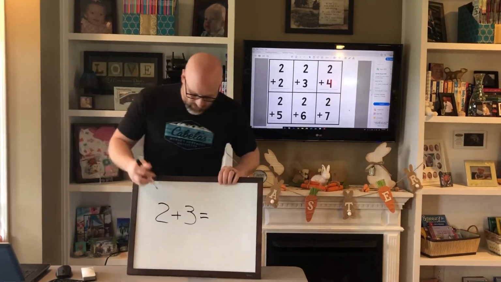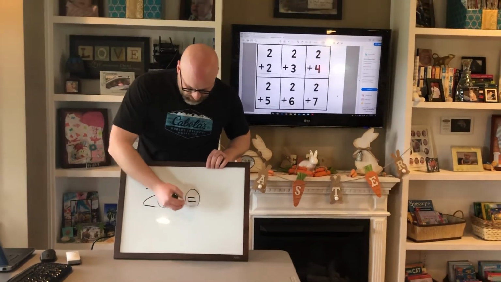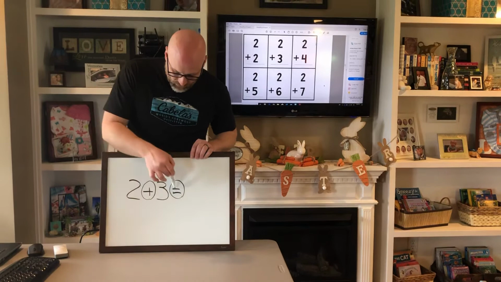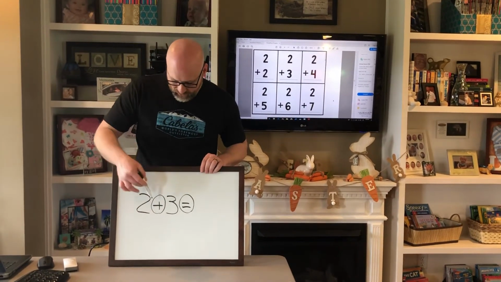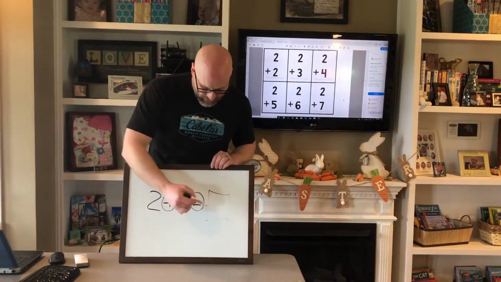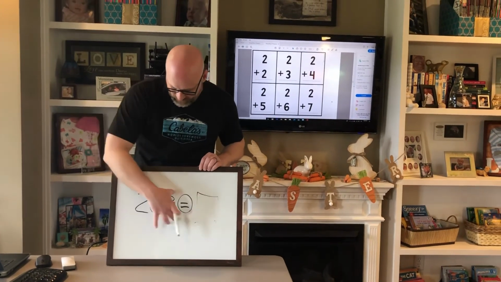Before we get into it, let's look at our symbols here. We've got the plus sign, or the addition sign, and we have the equal sign. So know what those are. Basically, this is just saying whatever answer we put over here is going to be the same thing as what this means here.